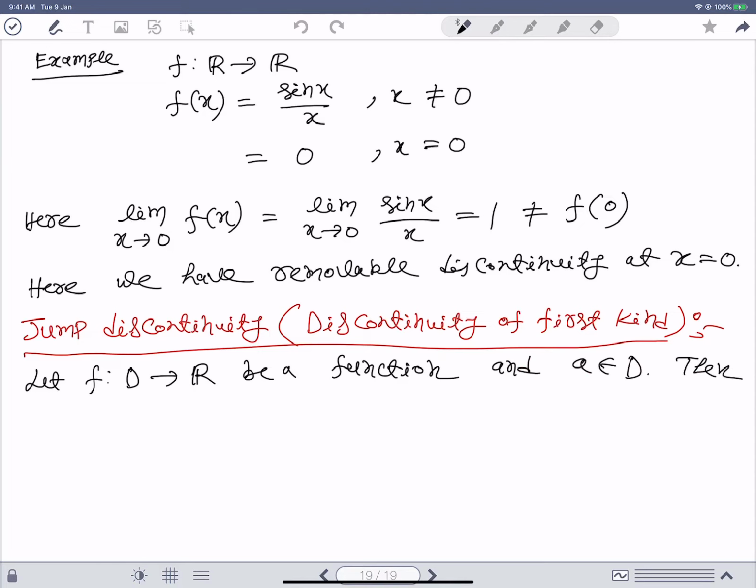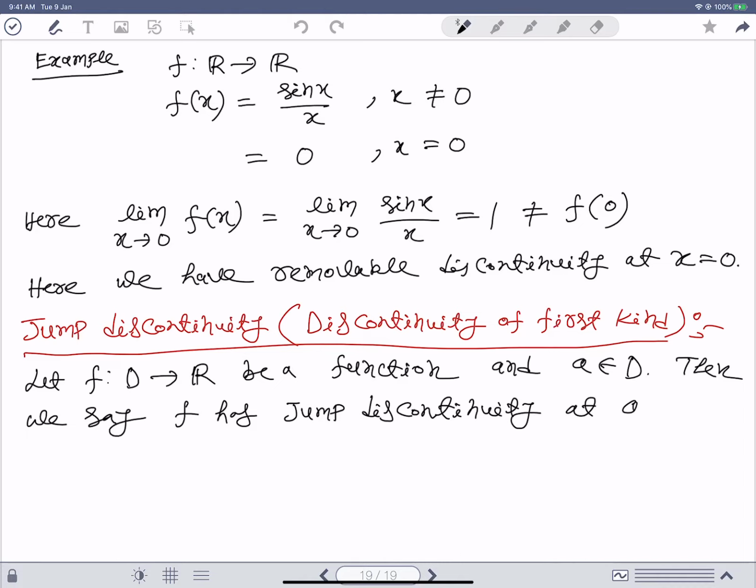Then we say f has a jump discontinuity at the point a if the left hand limit and the right hand limit at a are not equal.